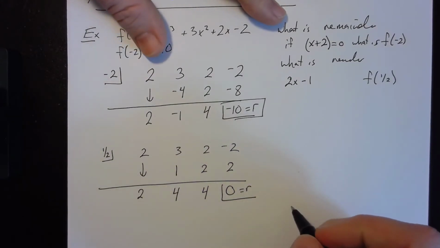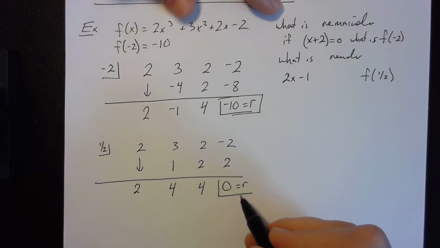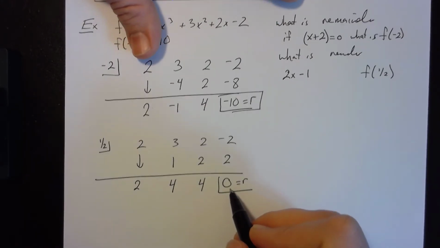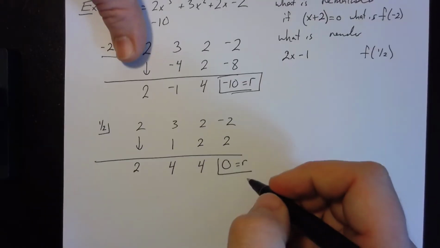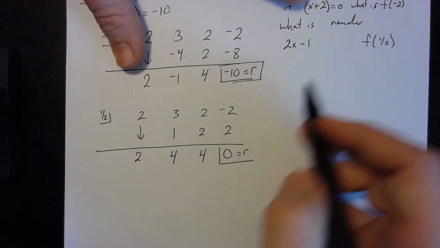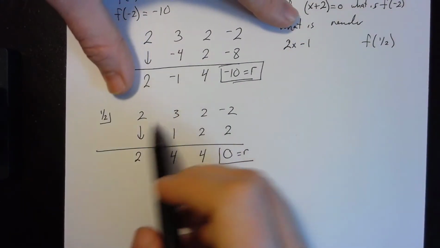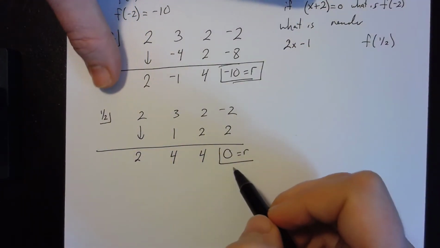Now something very specific comes out because of this remainder. In the previous video we mentioned that if my remainder is a very specific number, something wonderful happens. So let's talk about this for a second. Dividing by 2x minus 1 provides me with a remainder of 0. What does that remainder tell me?